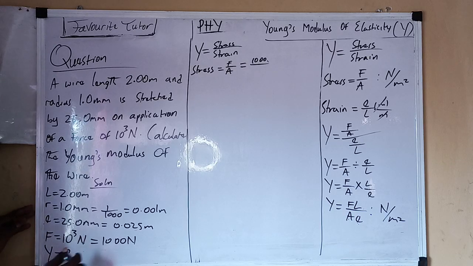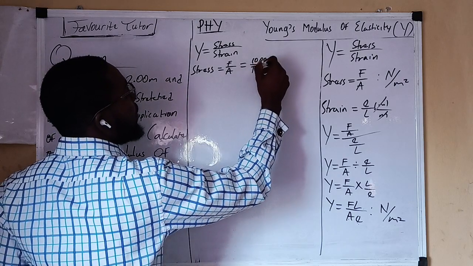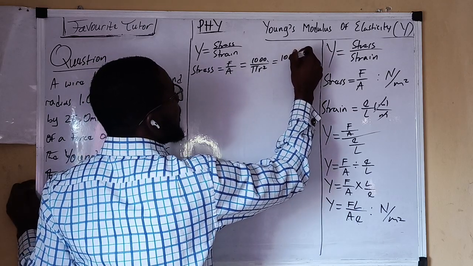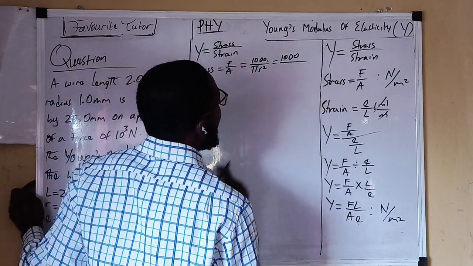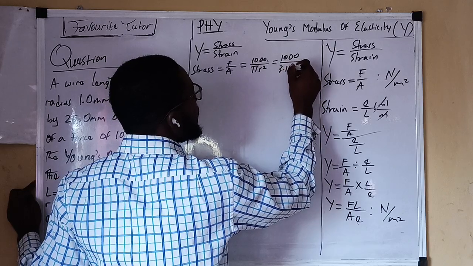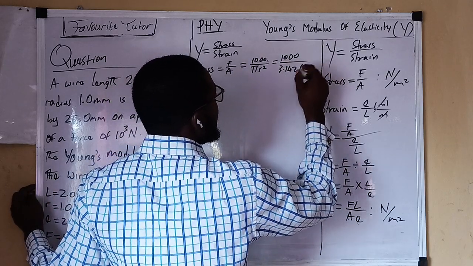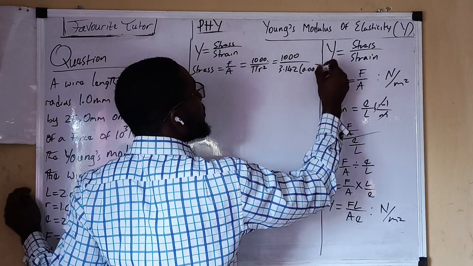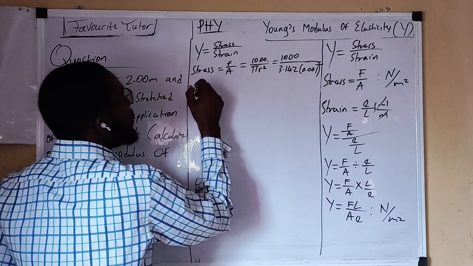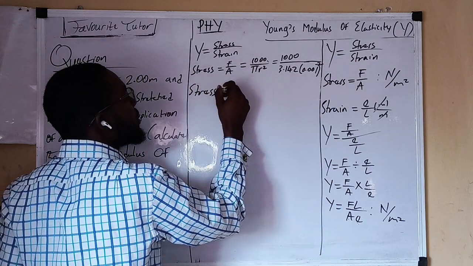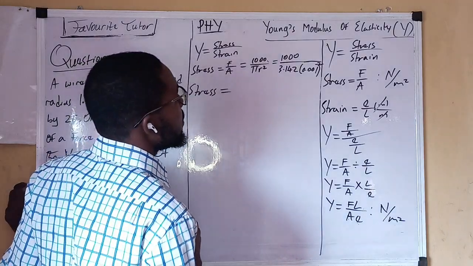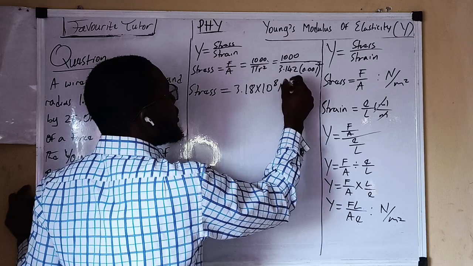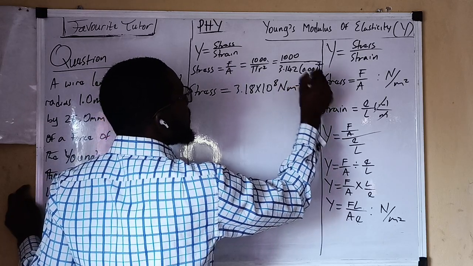So therefore, we are using the area of a circle, pi r squared. This is 1000 over pi, let's use 3.142 as pi, times radius 0.001 raised to the power of 2. So the stress of the material is going to be 3.18 times 10 raised to the power of 8 Newton per meter square.